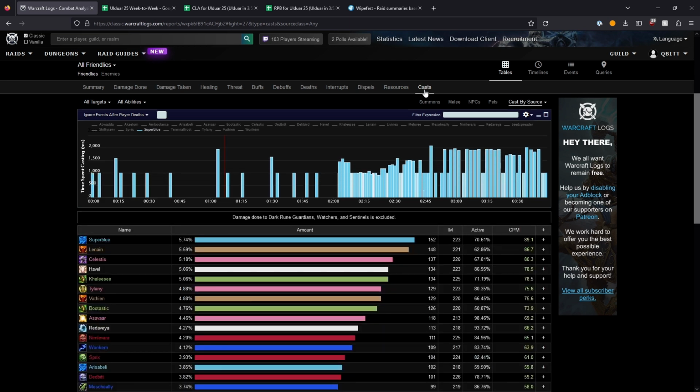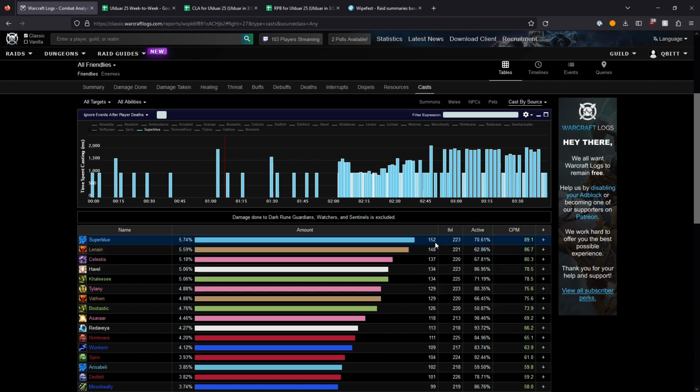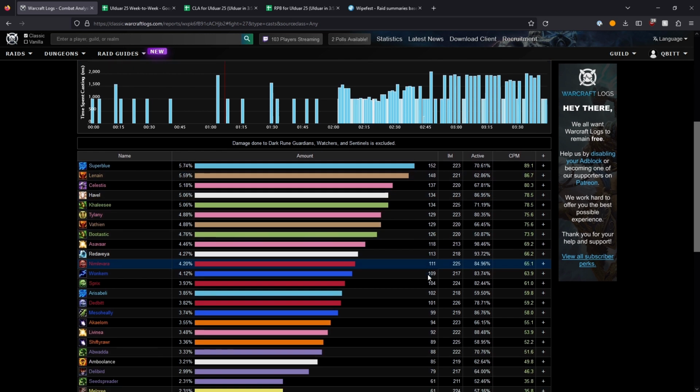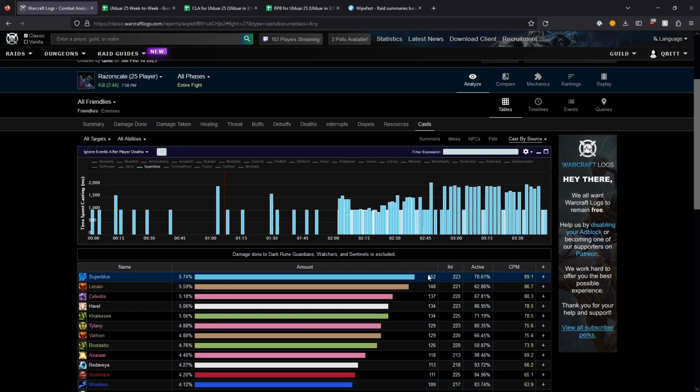And casts we will worry about later. This general graph will go over how many casts. So Super Blue casted 152 abilities. Some of this is going to be limited by class because of the nature of your abilities, but we'll get into this more when we get into a comparison a little bit later on.